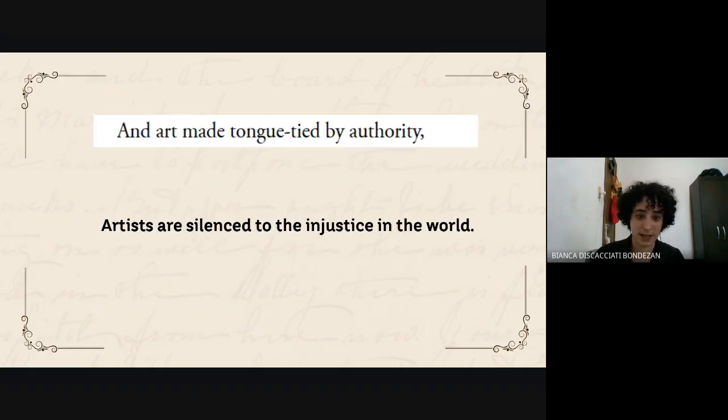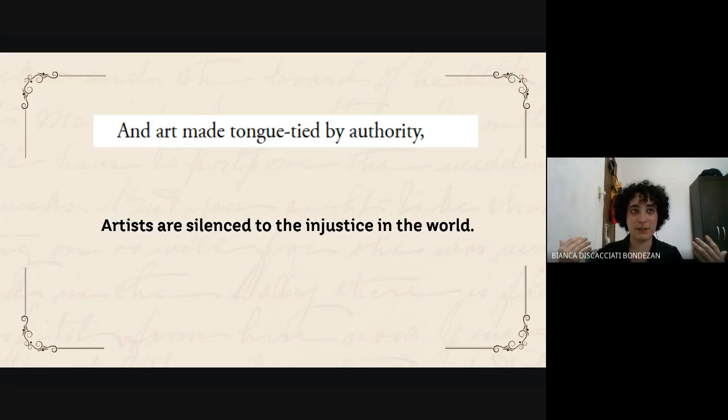And "art made tongue-tied by authority." So artists are silenced, which is very interesting because this is a really old sonnet, but it is so close to reality, because artists are often very silent about what happens around them.